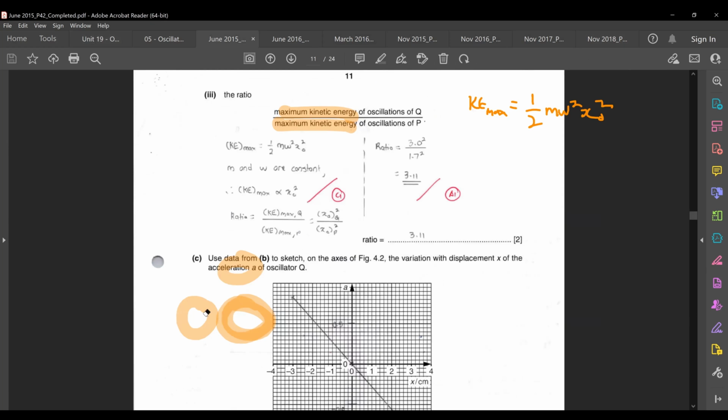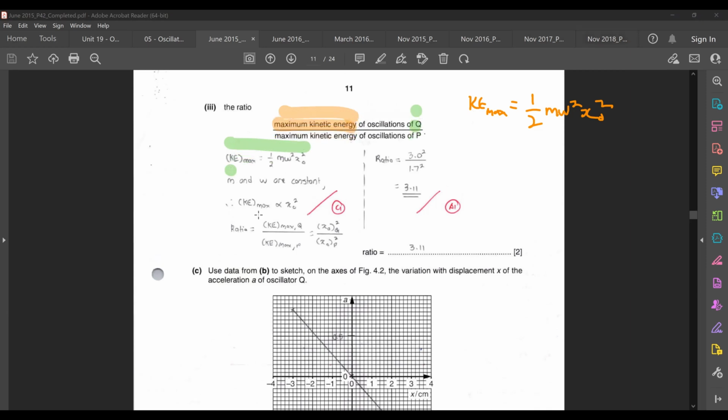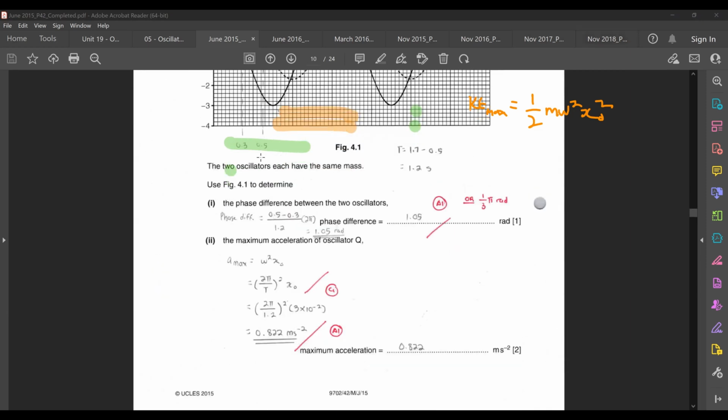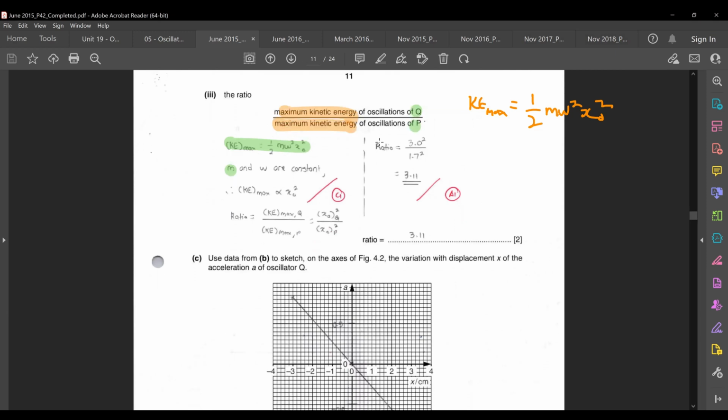From there are certain things that you can actually identify as constant. If KE max is half m omega square x0 squared and it applies to oscillator Q and P, both oscillators have the same mass, because your question already said that they have the same mass, and your angular frequency will also be the same.